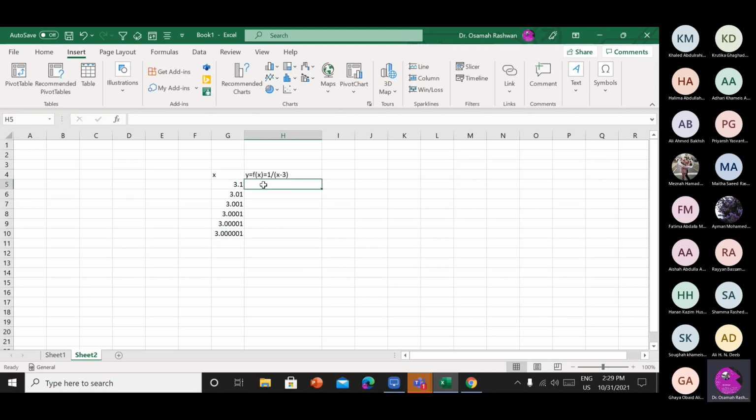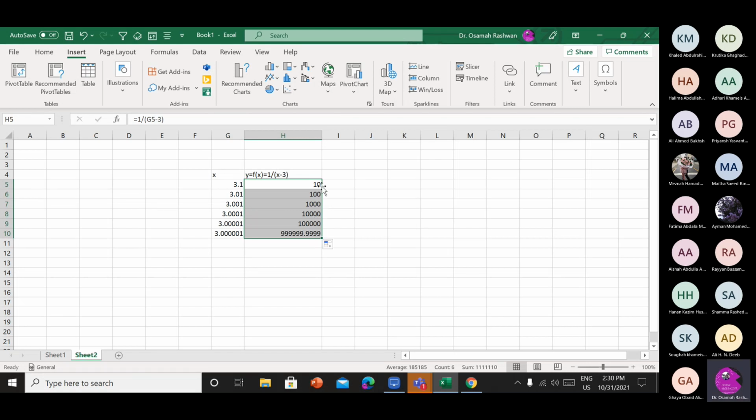Let's have the value of this function, 1 over, open bracket, x minus 3, close the bracket, press enter. Now, no need to do the same thing, you just have it. So your value is going to be what?